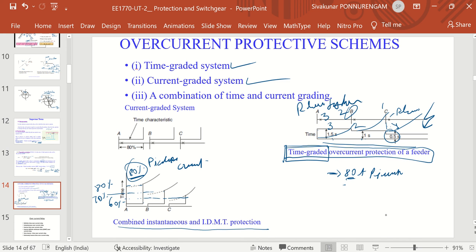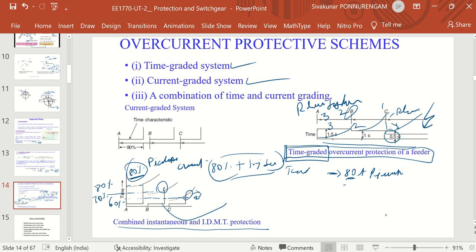After reaching the value, again it waits for 1 second, that is 0.5 seconds, which means 80% plus 1.5 seconds. After that period, the entire process completes and only then the relay trips.